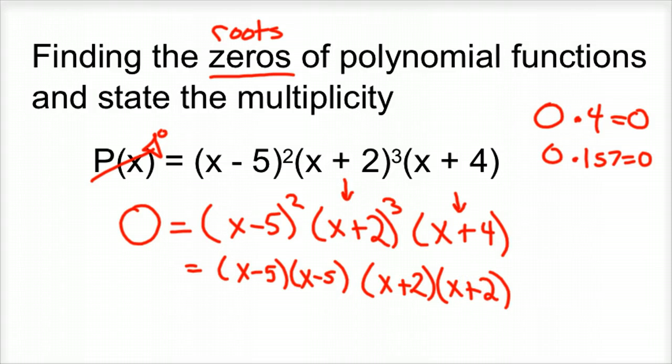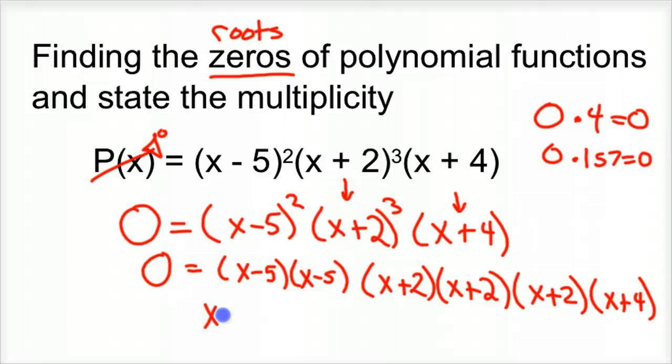If you expanded this out, we're not going to multiply them, this is what it would look like with each individual root listed out. You set these to 0, because any one of these could be 0 and would make the whole function 0.